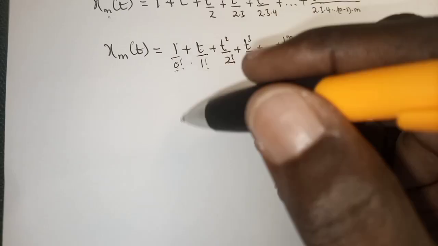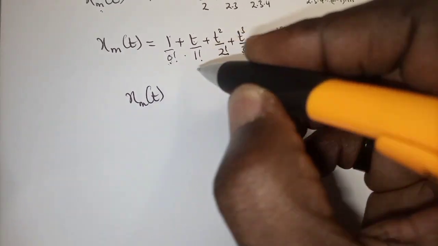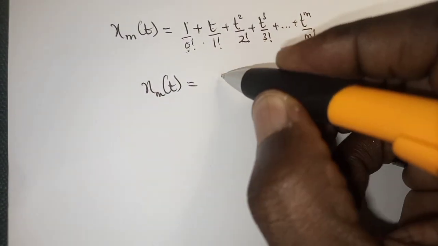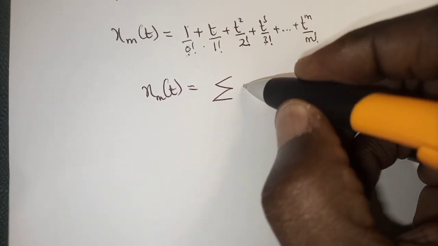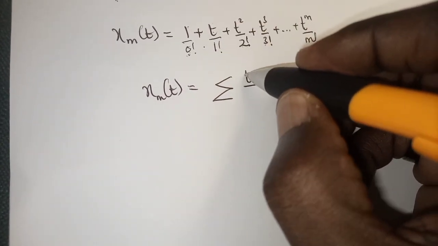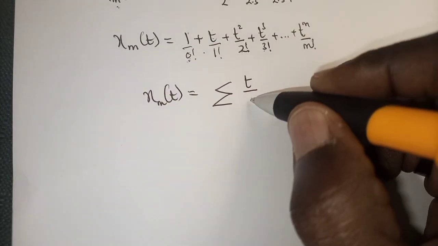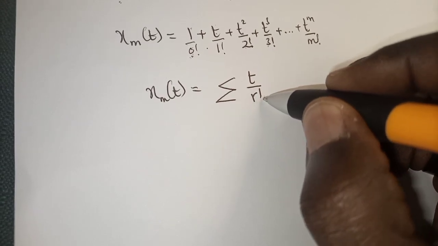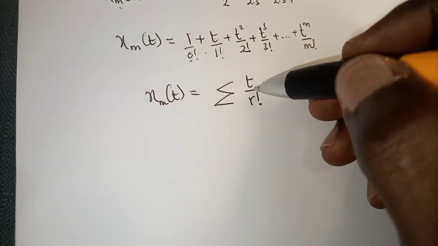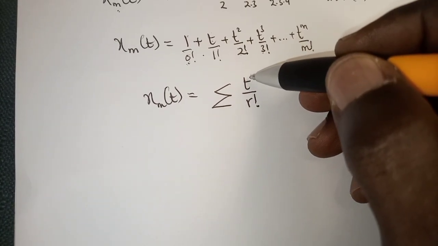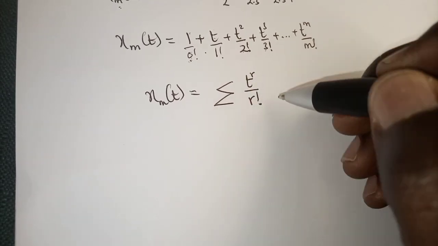So that means that we can create a sum notation by saying the sum of all the elements. So see, t is constant up, and the value down here changes, so we can use a variable r factorial. Now that r down is the power of the elements of the numerator, so t exponent r.